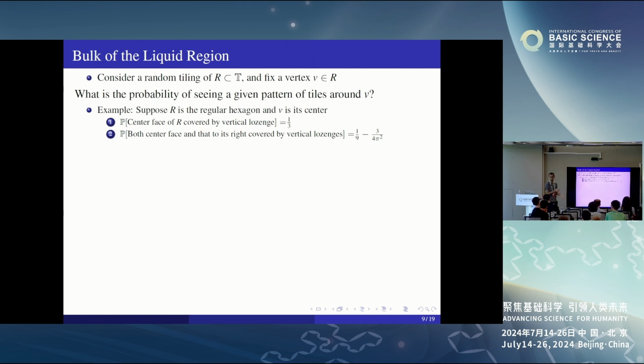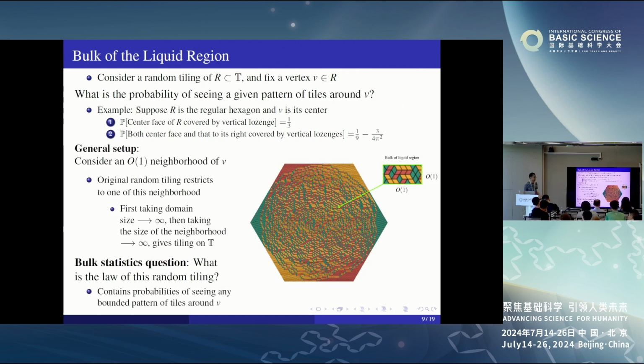What is the probability of seeing various patterns near a given vertex? I'll consider a somewhat more general setup, so that we can consider much more general problems than this specific one. Again, we have some big domain, and a vertex V in it, and we consider some order 1 neighborhood of V. My tiling of the big domain restricts to a tiling of that order 1 neighborhood.